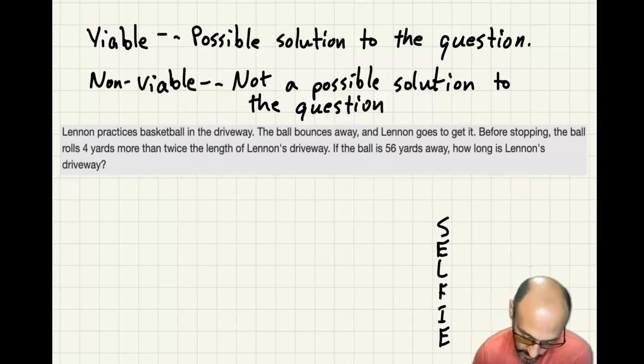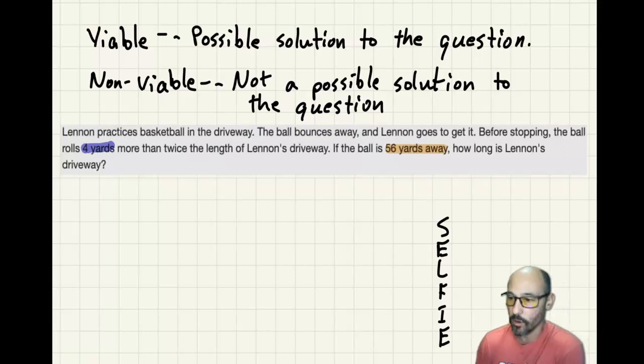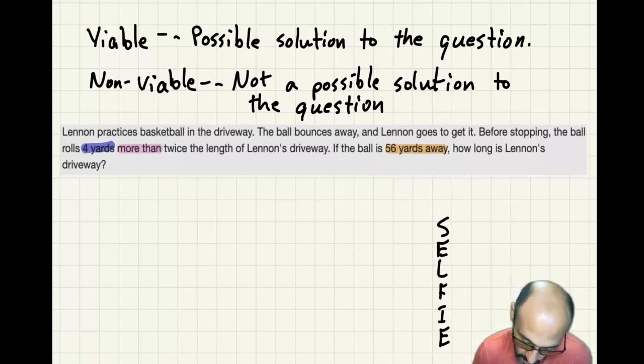All right, so I'm going to do some highlighting here. So 4 yards, that's an important thing. 56 yards, that's an important thing. More than, and also twice. And Lennon's driveway is going to be the last thing here that I'm going to highlight.